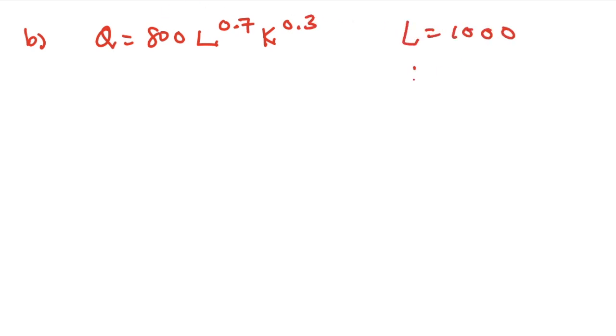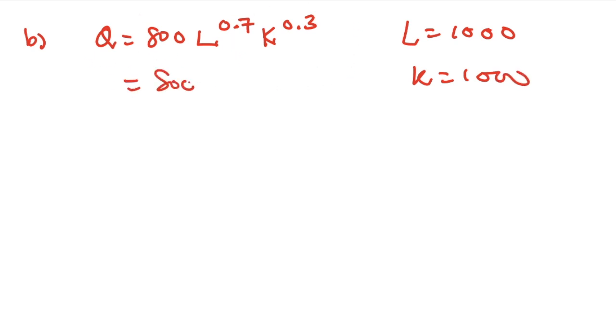So question B, you need to find the maximum level of production. I rewrite the production function again, Q equivalent to 800 L to the power of 0.7, K to the power of 0.3. So I know that L is 1000 from the previous question. K is also 1000. What should I do? Plug back into the production function.